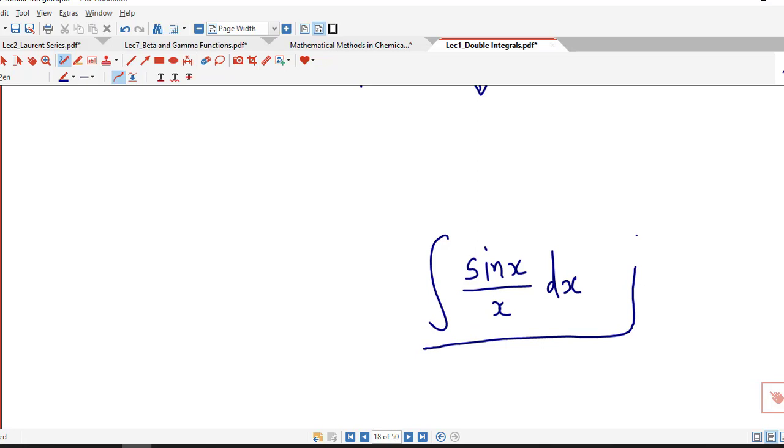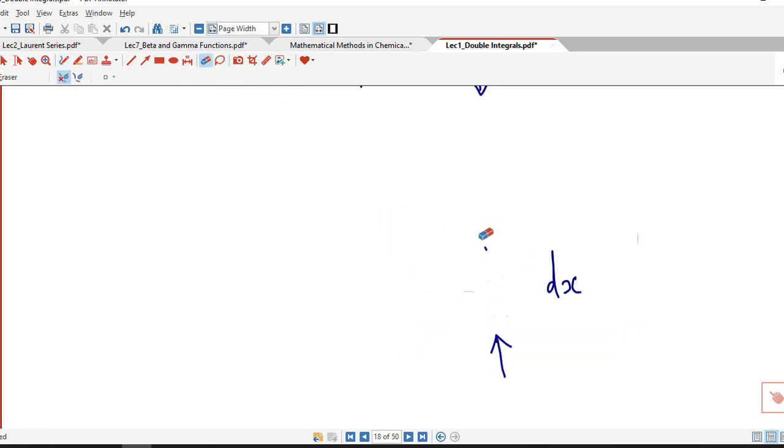Then first we have to integrate our function with respect to x. But we know that there is no elementary formula for this type of integral. So it is not possible to evaluate this integral with respect to x.